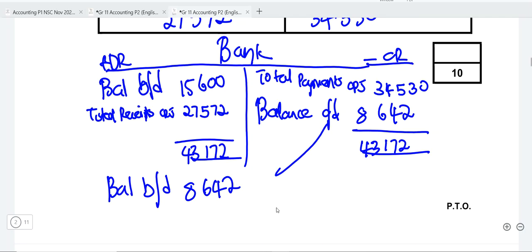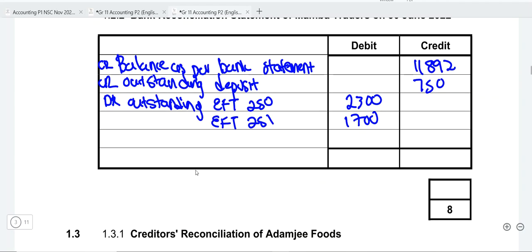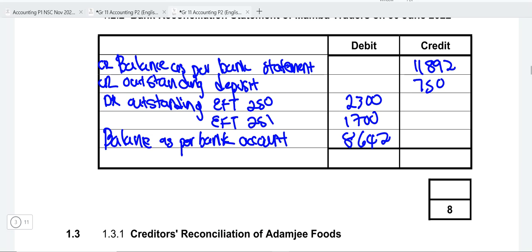So which means when you go to your answer book, you are going to say here, balance as per bank account, and then remember it's on the debit side, so you'd have 8,642.